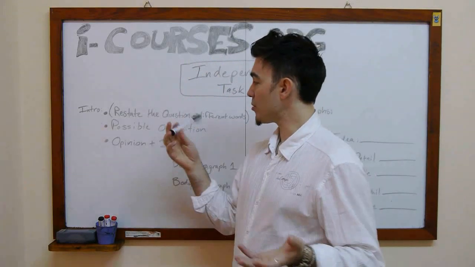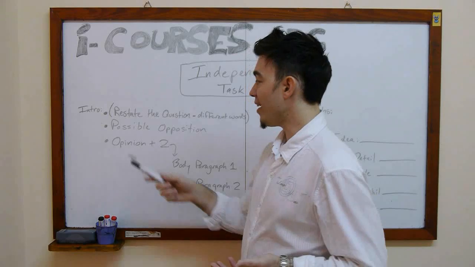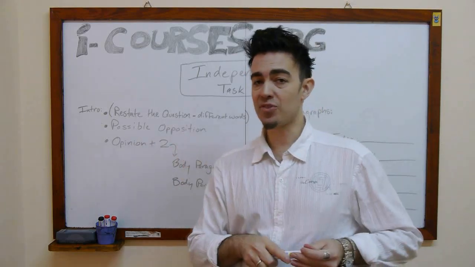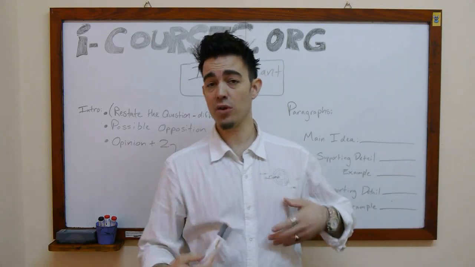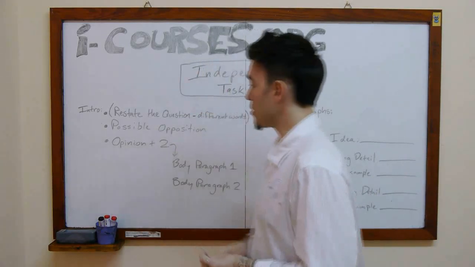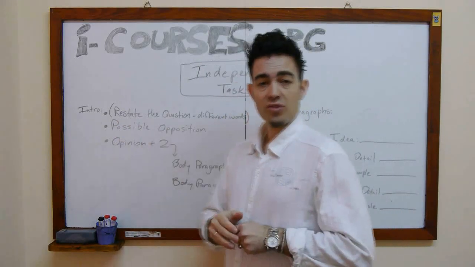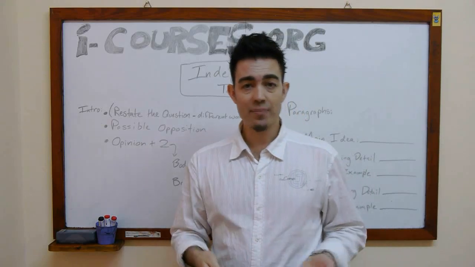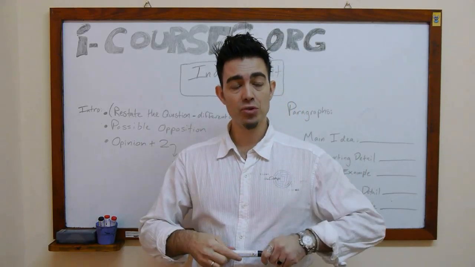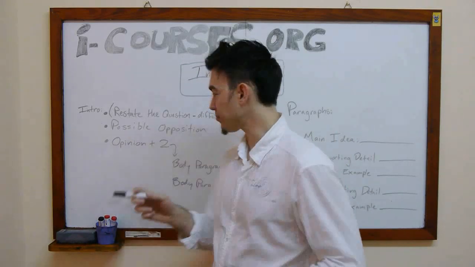As I said with the intro, you just restate the question in slightly different words, and then you give the possible opposition. What I mean by that is you give the other opinion, not your opinion, but someone else's. So you could say, some people might choose to take a job where they make lots of money, but they don't have any free time, whereas other people might choose to have a job where they have a lot more freedom, but they don't make as much money.